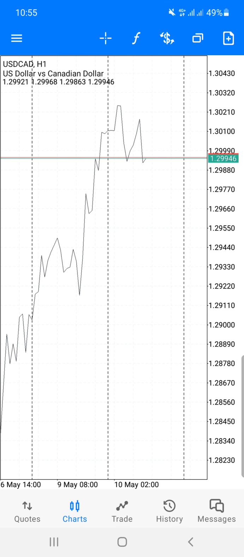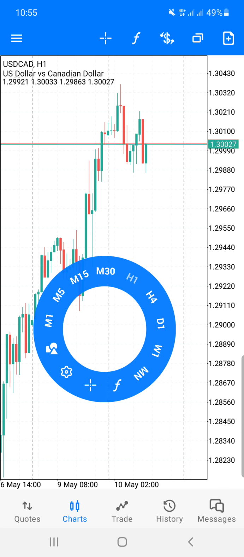M1 means 1 minute time frame, M5 means 5 minutes, M15 means 15 minutes, M30 represents 30 minutes, H1 represents 1 hour, H4 represents 4 hours, D1 represents daily, W1 represents weekly, and MN represents monthly time frame.